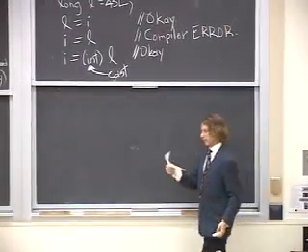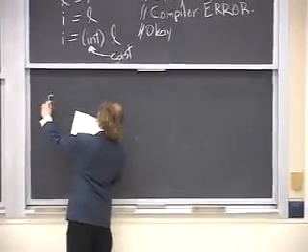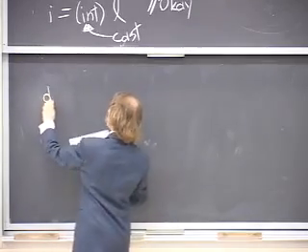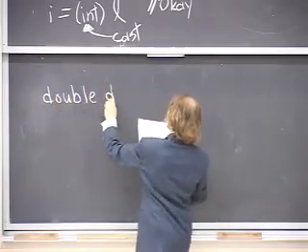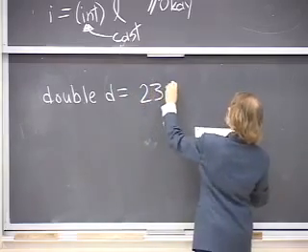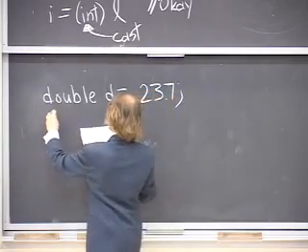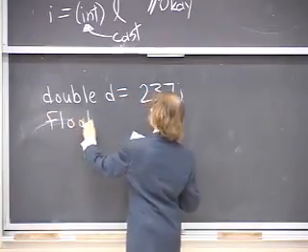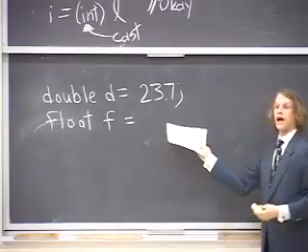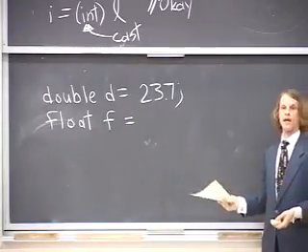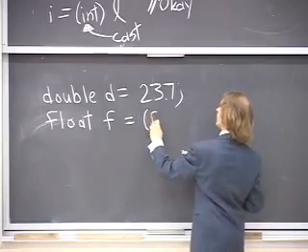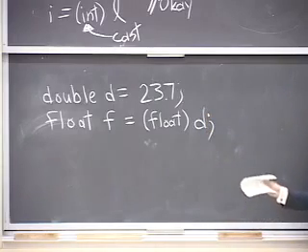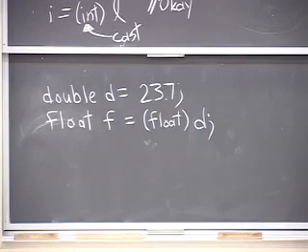And so there's a similar thing where if I have a floating point number, well, if I have a double number and I want to store it in a floating point, then I have to cast it, because I've got to tell Java, okay, I'm giving up digits, but I know what I'm doing. This case isn't so bad, because at least with floating point numbers, you can throw away the bottom bits instead of the top bits.